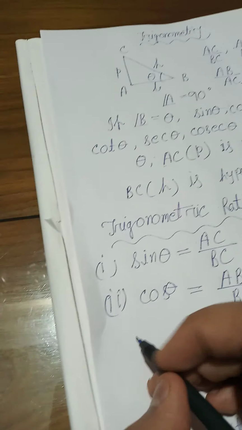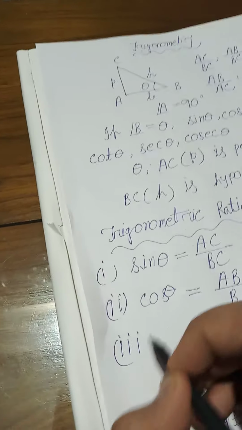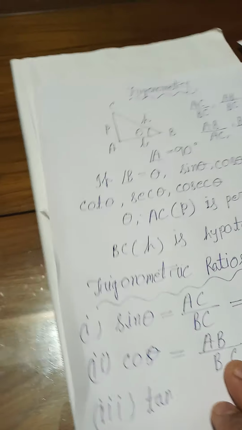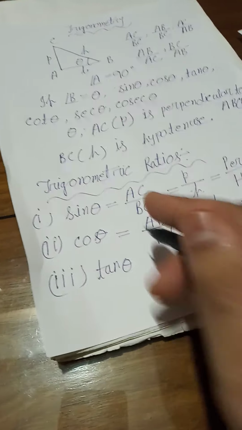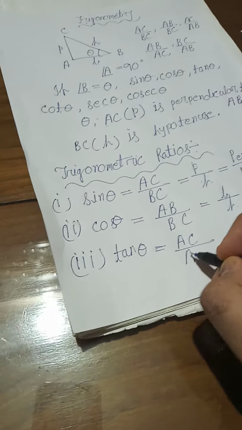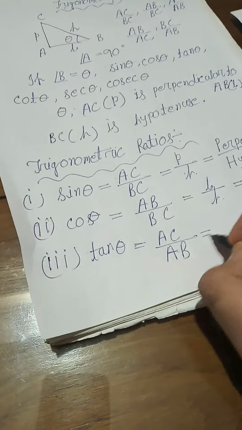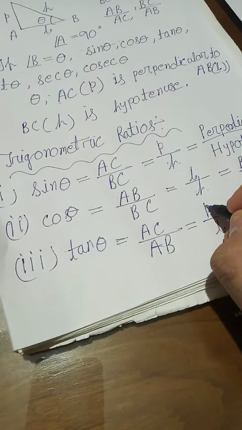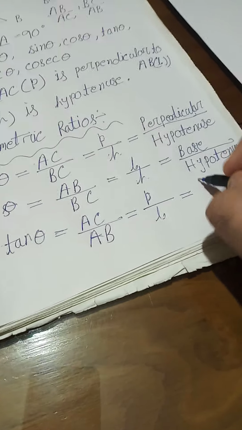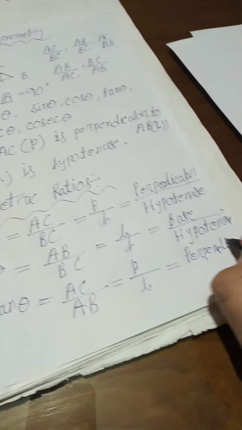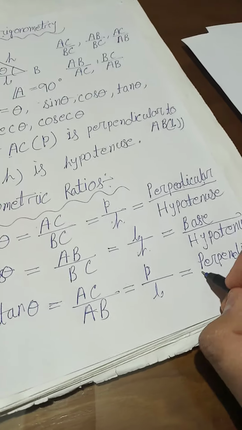Number 3 is tan theta, which is AC by AB, which denotes from the triangle small p by small b, which means the perpendicular by base.